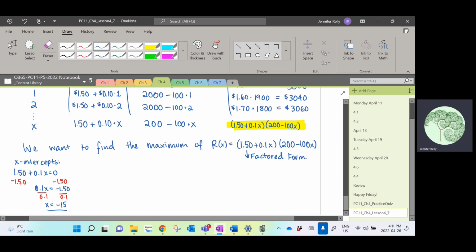That's one x-intercept. The other x-intercept is at where 200 minus 100x equals 0. Same idea, we're going to move the 200 to the other side. I'll have negative 100x equals negative 200, and I'll divide by negative 100. Get x equals 20. That's the other x-intercept.